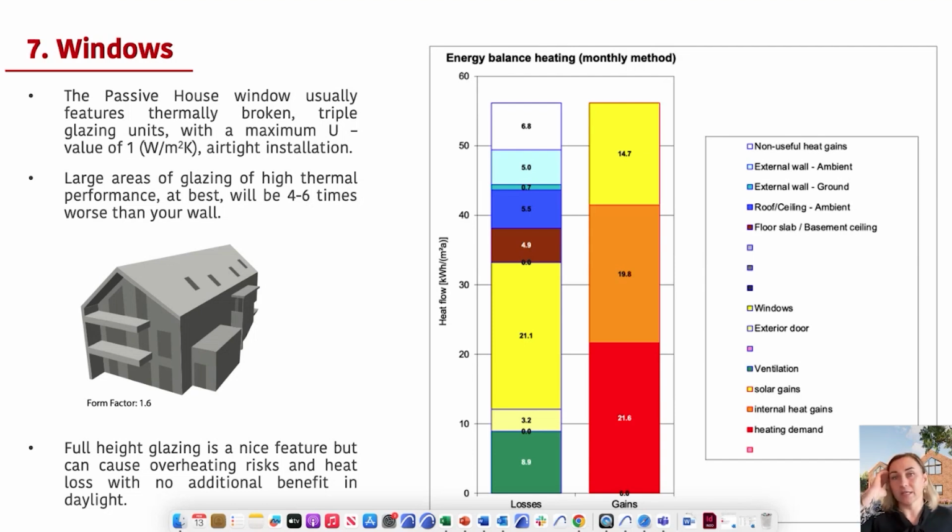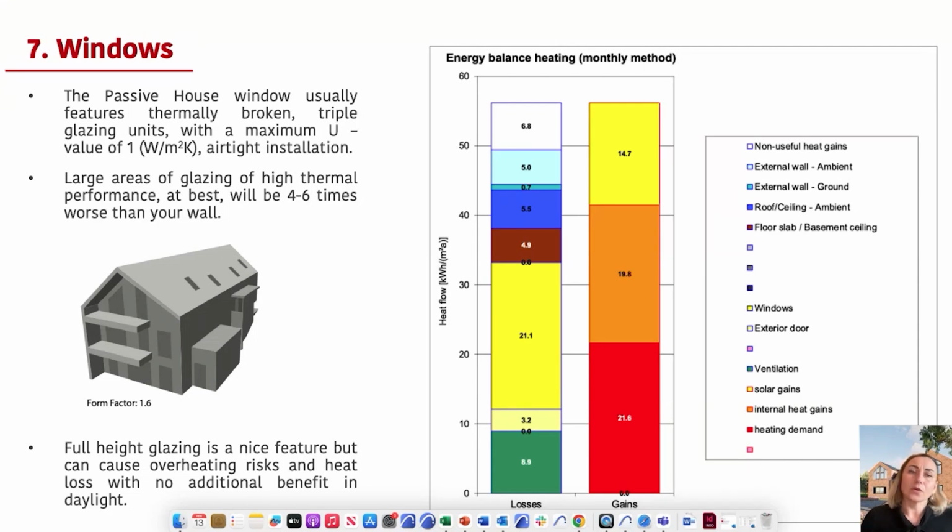So as you can see, there's actually more losses through the windows for that design than gains. So with this specific design, you can see that there's a lot of windows on the elevation, but this is the east elevation of the dwelling. Hence, there's more losses because there's only a small window where we can get more solar gain during the day.